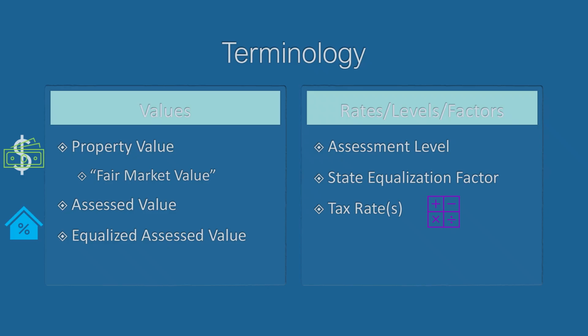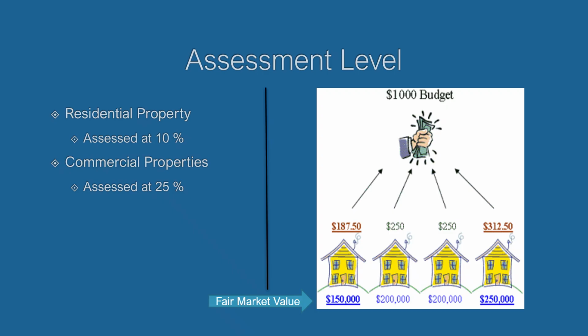Whereas the assessed value and the equalized assessed value is your property value after they've done some various calculations to it, okay? The next category are different types of rates, levels, and factors, and all of those I'll get to in the following slides. So let's start with an assessment level.